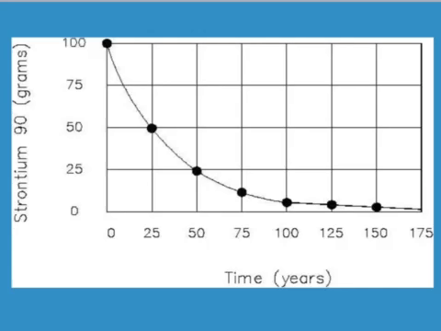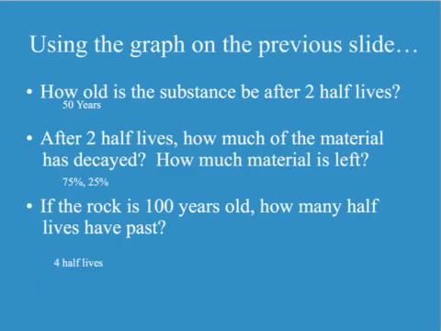Last question. If the rock is 100 years old, how many half-lives passed? If we start here, this would be 1 half-life, 2 half-lives, 3 half-lives, 4 half-lives. So the answer is 4 half-lives. Take a moment to copy down the answers.